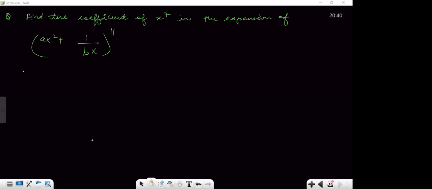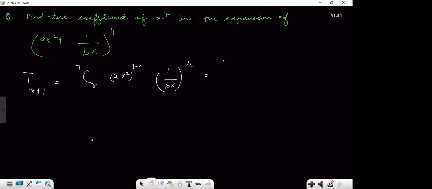First of all, let's find the general term. 7Cr into (ax squared) raised to power 7 minus r, divided by (1 by bx) raised to power r.